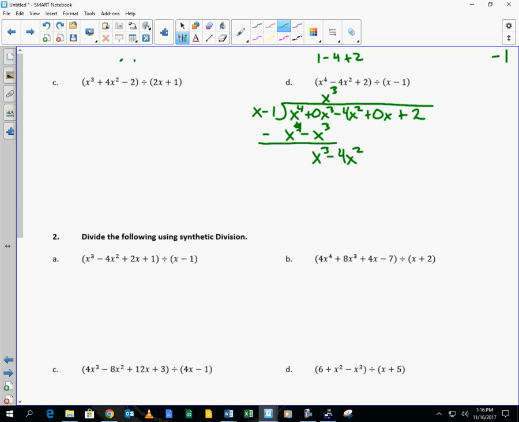What do you multiply x by to get x cubed? x squared. Distribute. What do you multiply x by to get negative 3x squared? Negative 3x squared plus 3x.